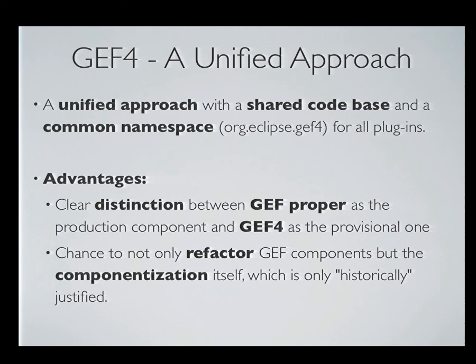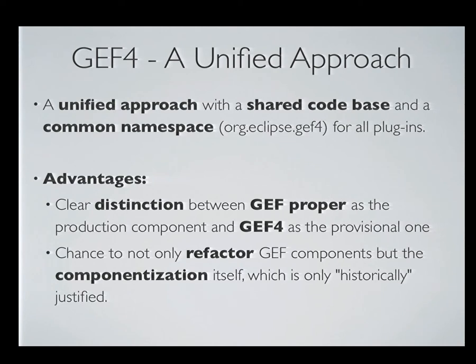So our detailed plans were that we have a unified approach with a shared code base and just a single namespace for all plugins that are in there, which make these plugins visible as part of the GEF4 approach.